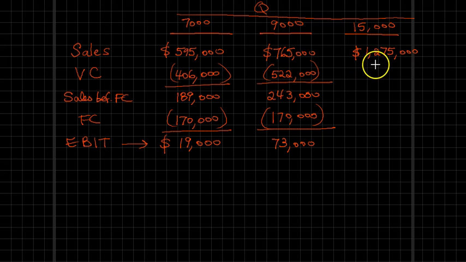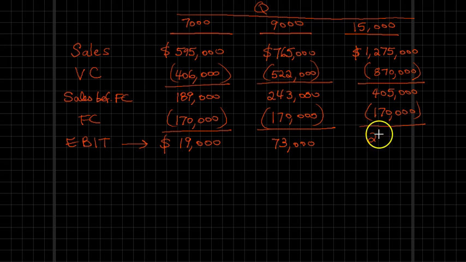Variable cost again is $870,000, and the difference is $405,000, and fixed cost, as the name again suggests, is fixed, and therefore our profit level is $235,000. And that actually solves our problem for three separate levels of quantity sales. So that's part C of our problem.